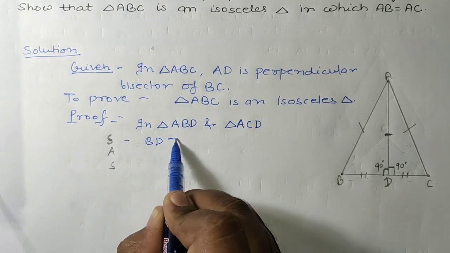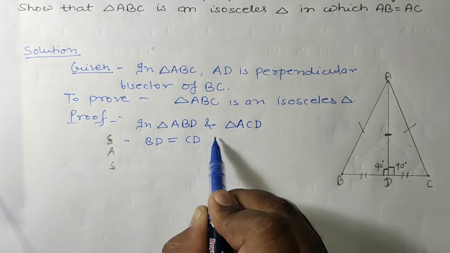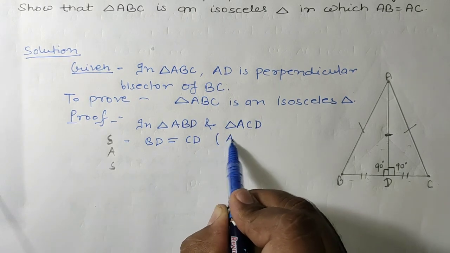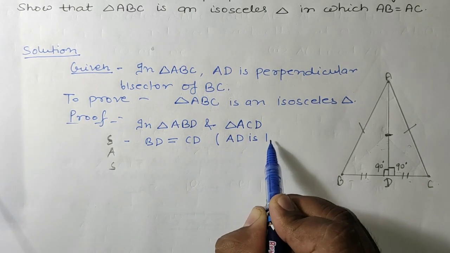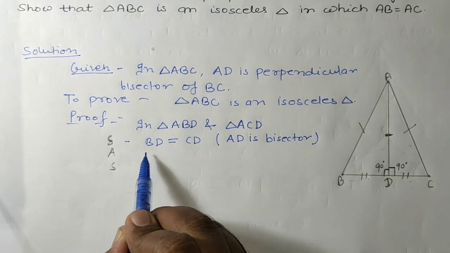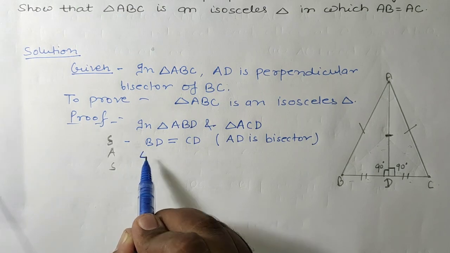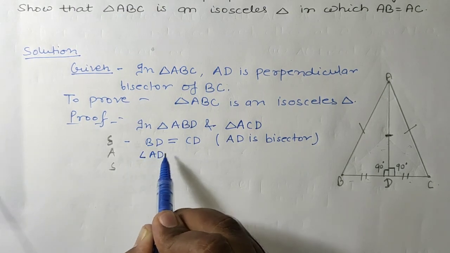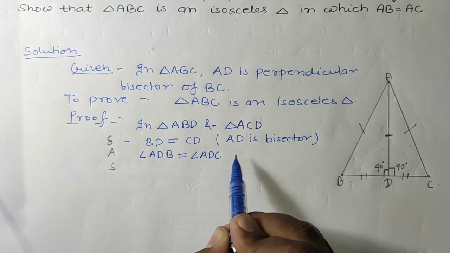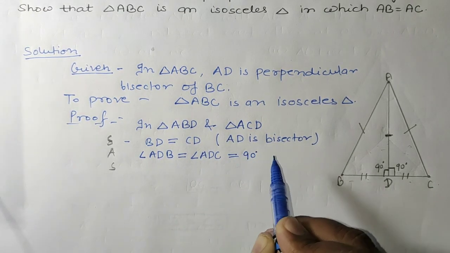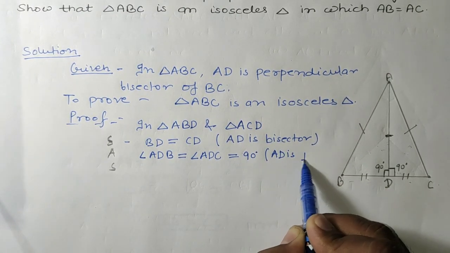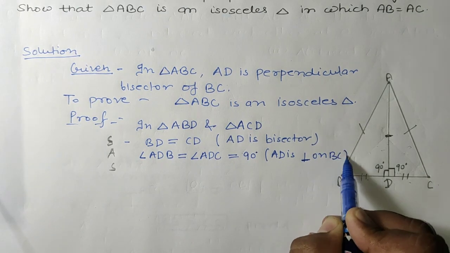So see, students, BD is equal to CD, because AD is bisector. Okay, angle ADB is equal to angle ADC. Both are equal to 90 degree. Reason? AD is perpendicular on BC.